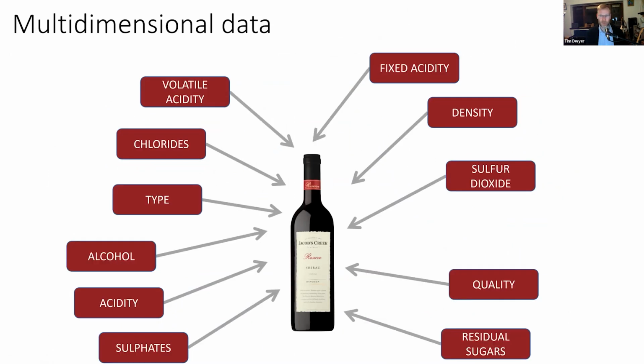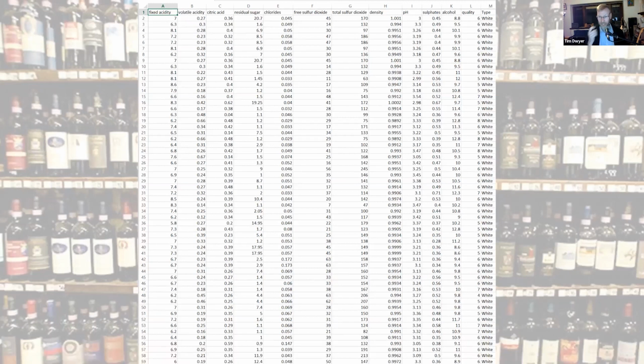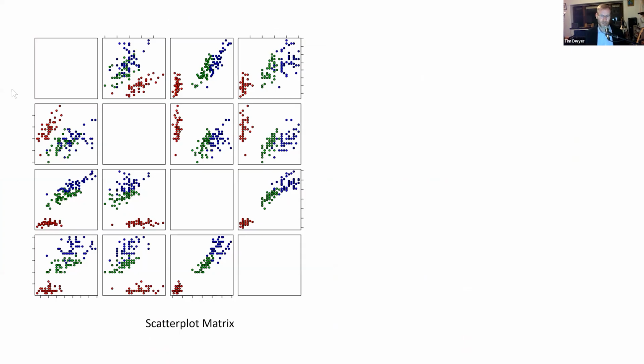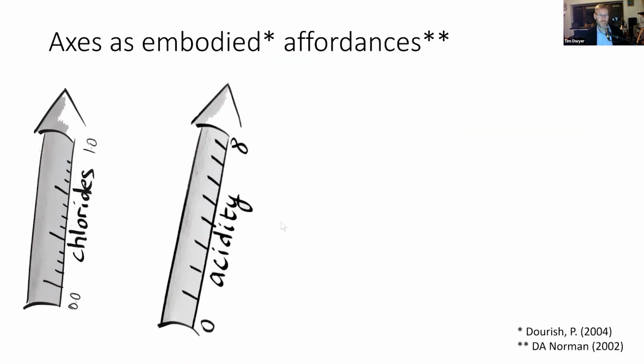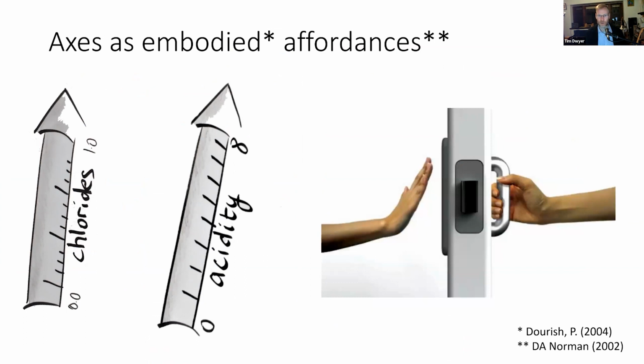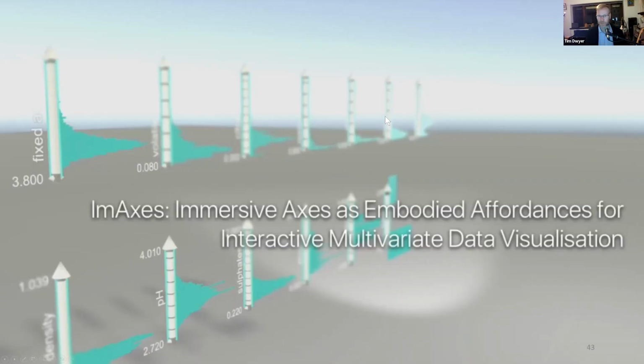And so the idea is, if you have multi-dimensional data, there's a spreadsheet of multi-dimensional data. Typical ways to visualize high-dimensional data are as a scatter plot or as parallel coordinates. I assume that people on the call are familiar with these visualization idioms. And we used the idea of the axis as the primary embodied affordance for interaction.